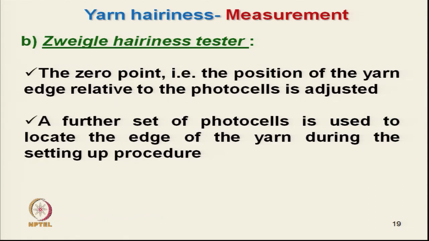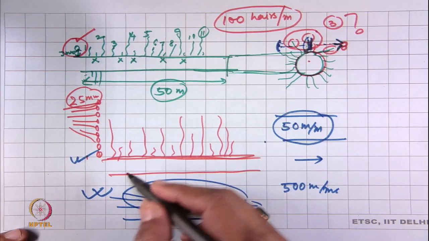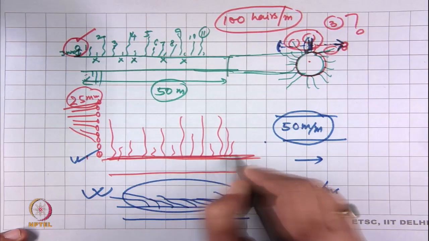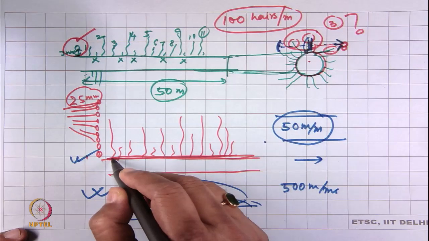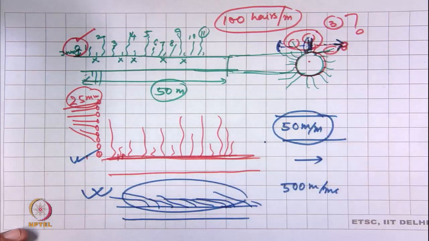This photocell will locate where the density is very high, that means light will not pass, and just beyond this edge light will start passing.